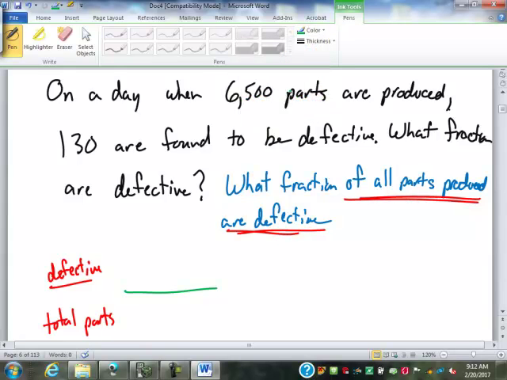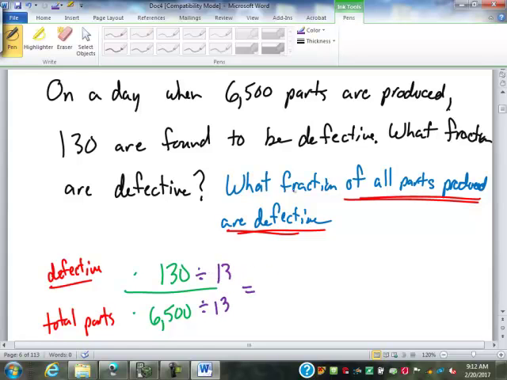So what number goes here for the total parts? 6,500. What number goes on top for the defectives? 130. What can both of those be divided by? What's that? 13 works. Good.